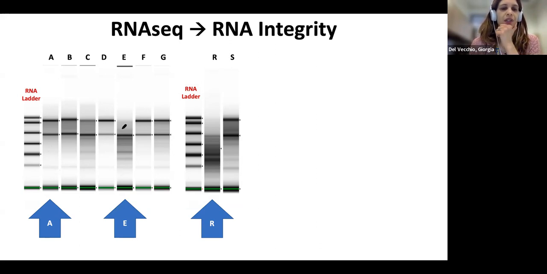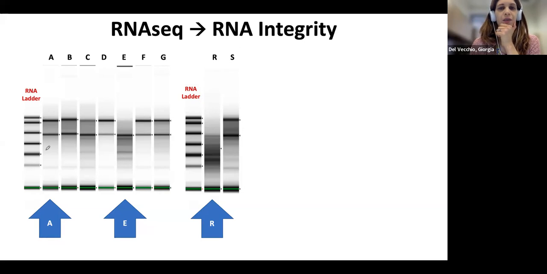Then we have sample E. So we only have one band. And then we have sample R. And we don't have any band here. Okay, so do you know what the two bands here are?